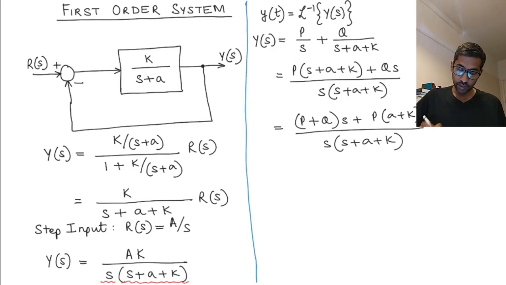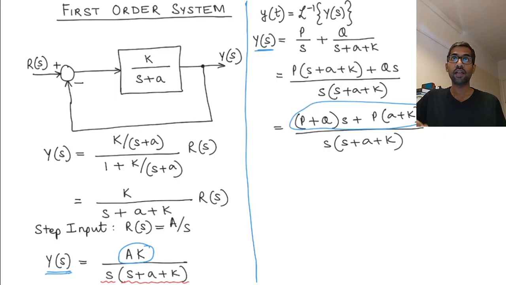Now if I compare the numerator here, which is also the numerator of Y(s), with the numerator there, I can equate coefficients. I can write P plus Q equal to 0, and P times (a plus K) equal to A K.